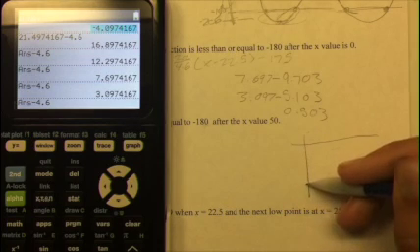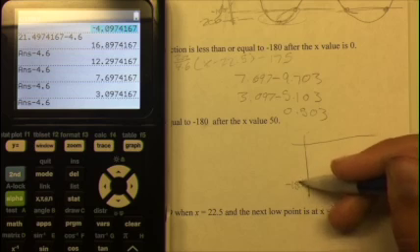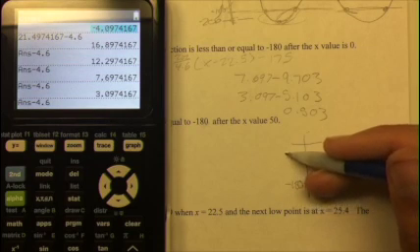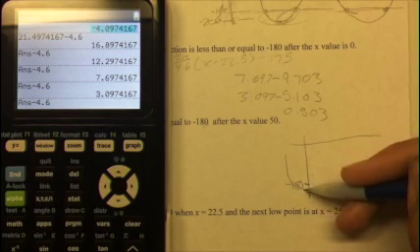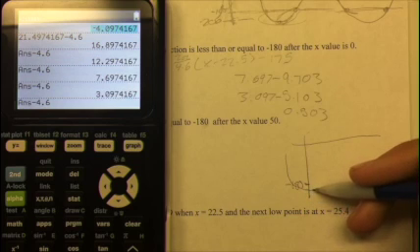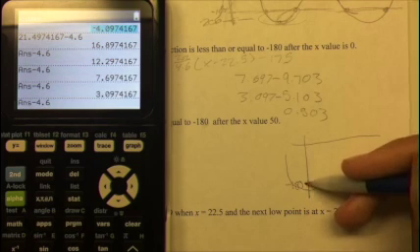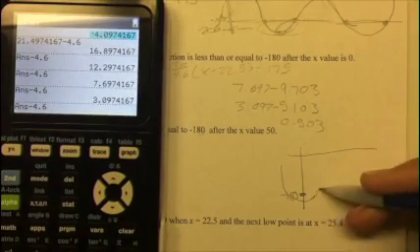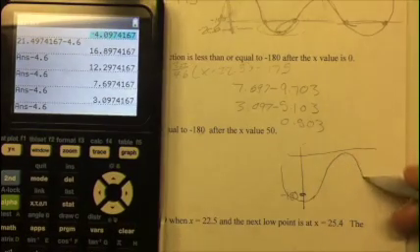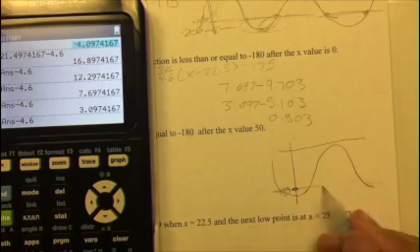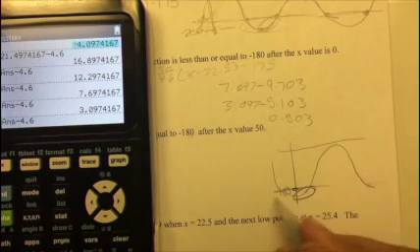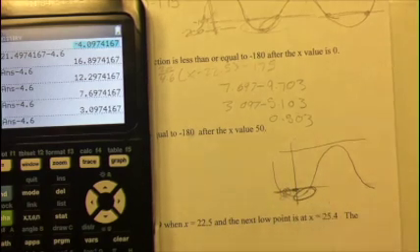The negative 180 would be right here, and we would have part of the actual graph coming out, but only part of it's actually after x equals 0. So right here's the cutoff. So this is in, but this is out of the interval. So only part of the interval is in.